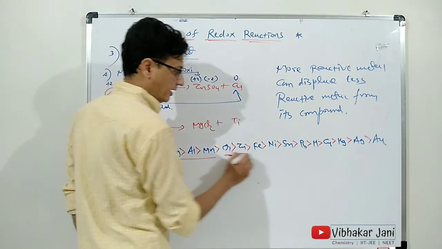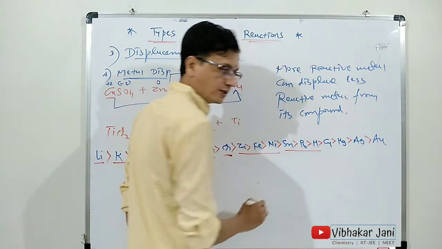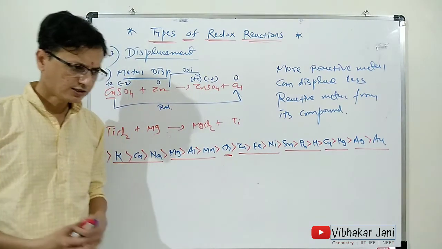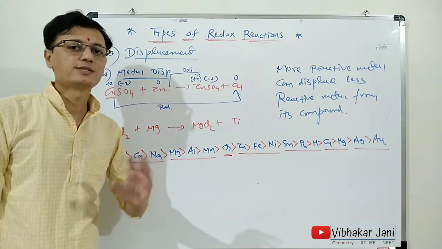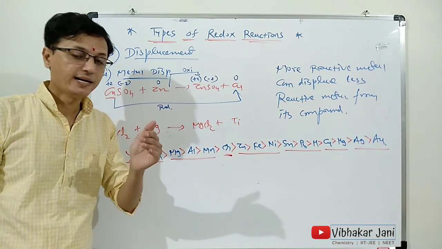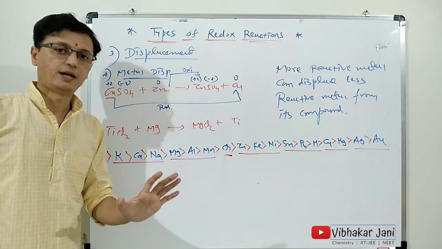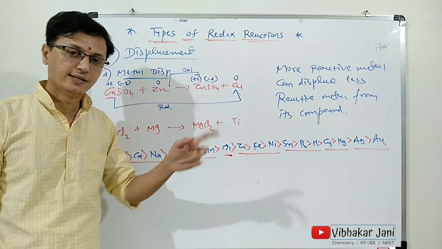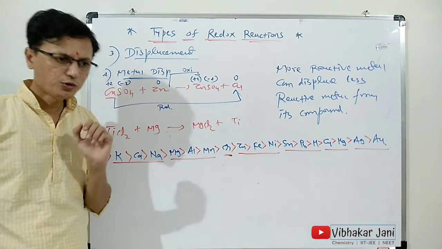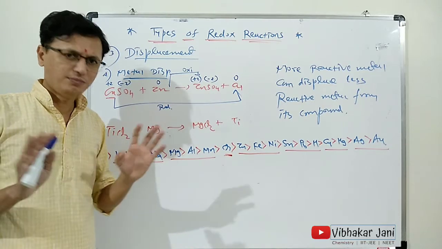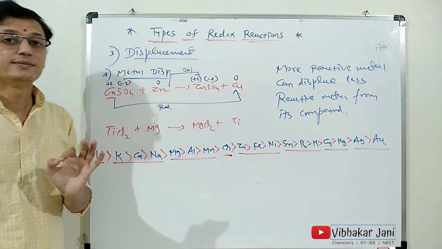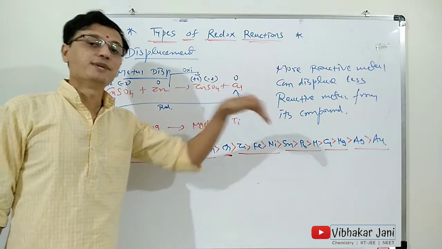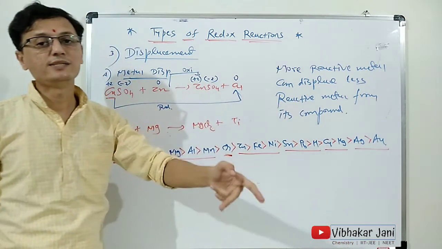Again three: Zn Fe Ni, Sn Pb H, then Cu Hg, Ag Au. Now just speak in this tempo: Li, KCaNa, MgAlMn, Cr, ZnFeNi, SnPbH, CuHg, AgAu. If you speak it more than 2-3 times, then it will be very easy to remember this.